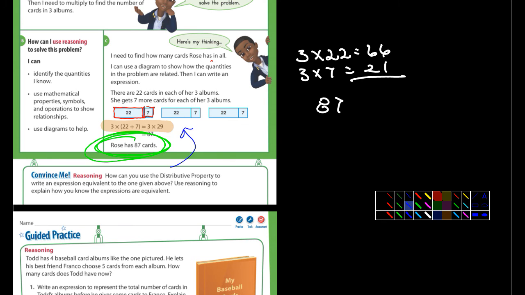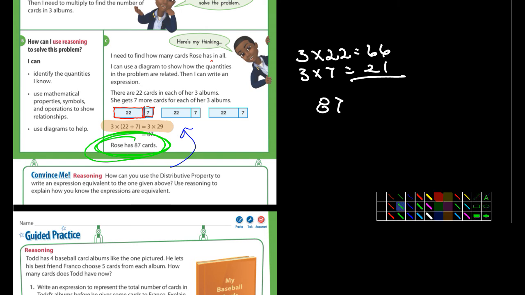So one way you could use the distributive property would be about 3 times 22. 3 times 22, I'm going to put that in parentheses, plus what? 3 times 7. Okay. That's how you would use the distributive property.